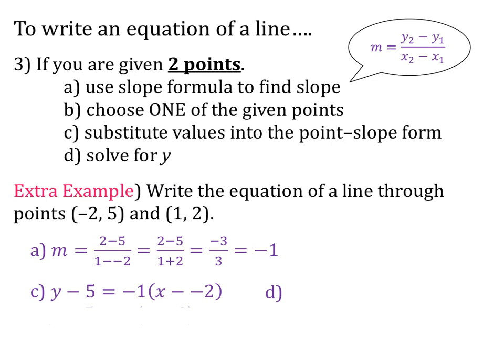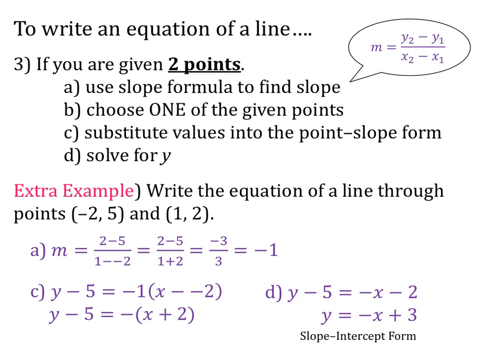And it's the y1 and the x1 that get replaced. This y and this x that don't have a little sub number value stay as is in the equation. And then we can distribute that -1, add 5 to both sides, and this then would be our slope-intercept form, and this is our point-slope form.